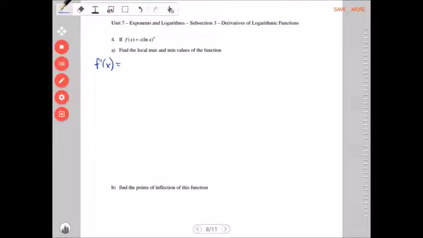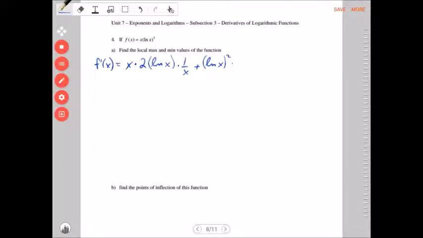So the first derivative here is first times the derivative of the second. So that's going to be 2 ln x times 1 over x, right? Chain rule the ln x part. First times the derivative of the second plus second, so ln x squared times the derivative of the first, which is just 1.